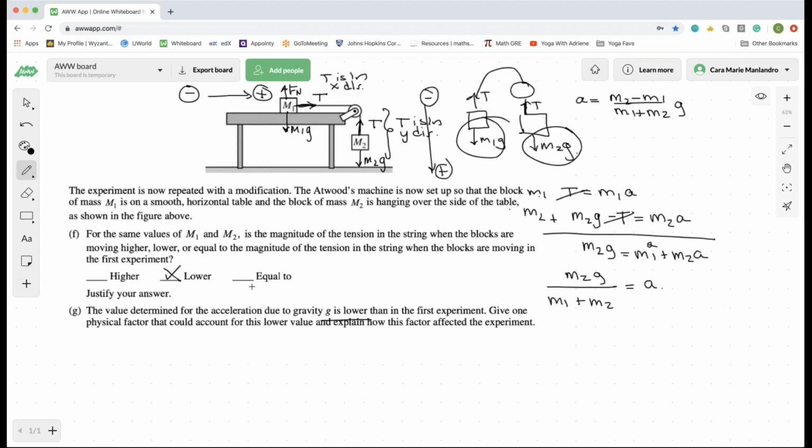We got a table. What do we know about tables? They're made of material, right? And so even though it's smooth, it doesn't say that it's frictionless. So we can say that block M1 will experience some amount of friction.